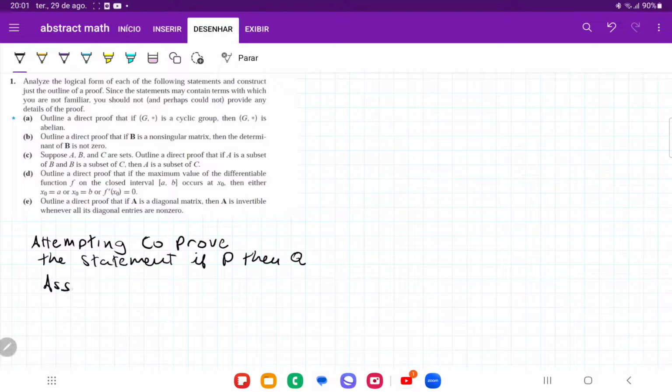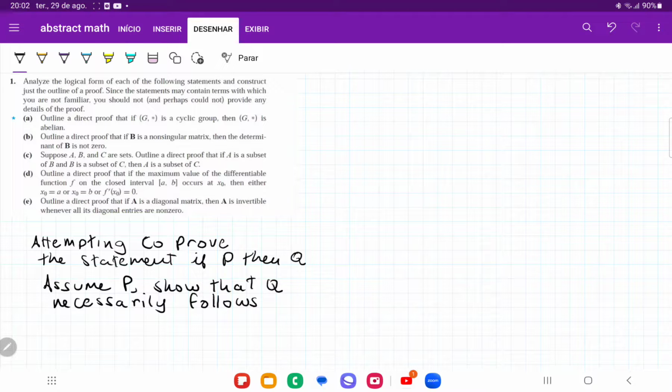So assume P, show that Q necessarily follows. Okay, so once we have this, let's begin.